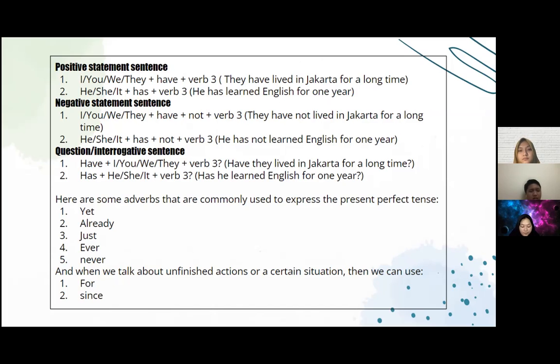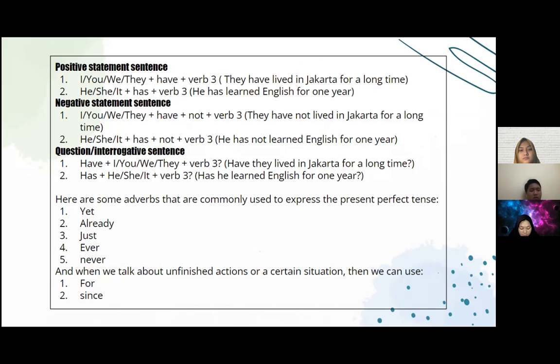The third point, question or interrogative sentence. Number one: have plus I, you, they plus verb three. Number two: has plus he, she, it plus verb three.